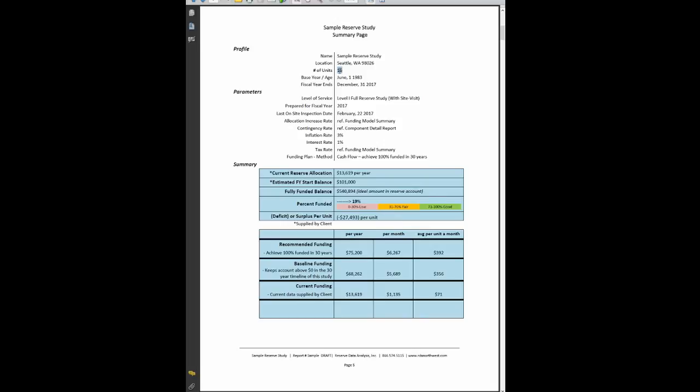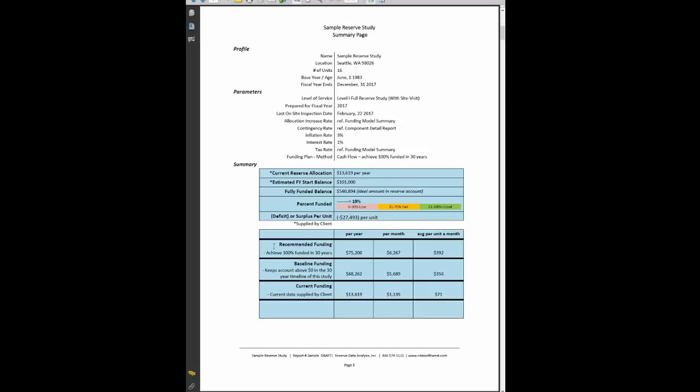Again, up here, it's based on 16 units in this community. So in your particular community, when you read through this, you can estimate, well, how much somebody's going to have to make up for that difference there between the start balance and the fully funded balance. At some point in time, somebody will have to make up that difference in the future, and it's kind of broken down per unit for you there.